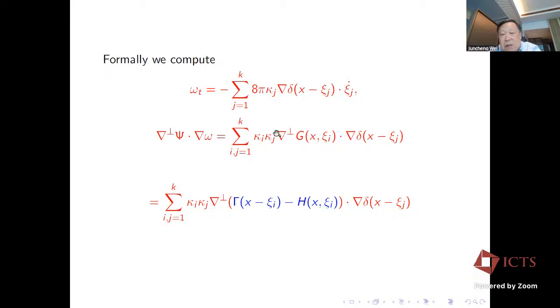This is the Green's function, and this is the gradient of the Dirac, and since the Green's function is gamma minus H, H is the regular part and gamma is the singular part.